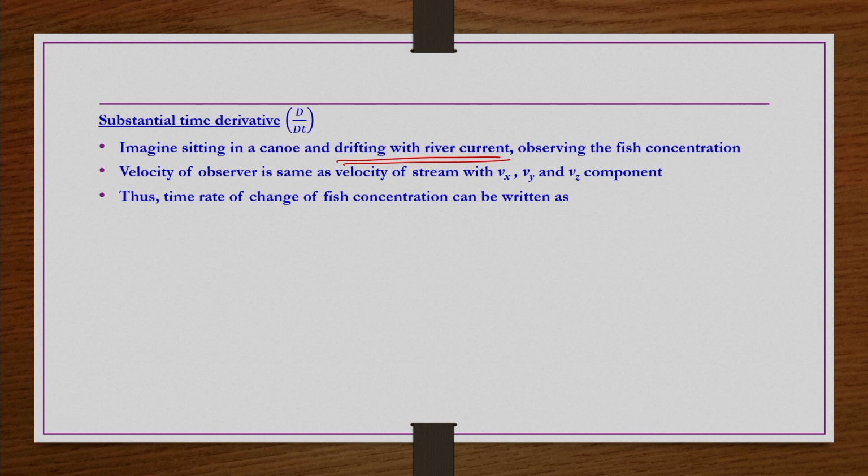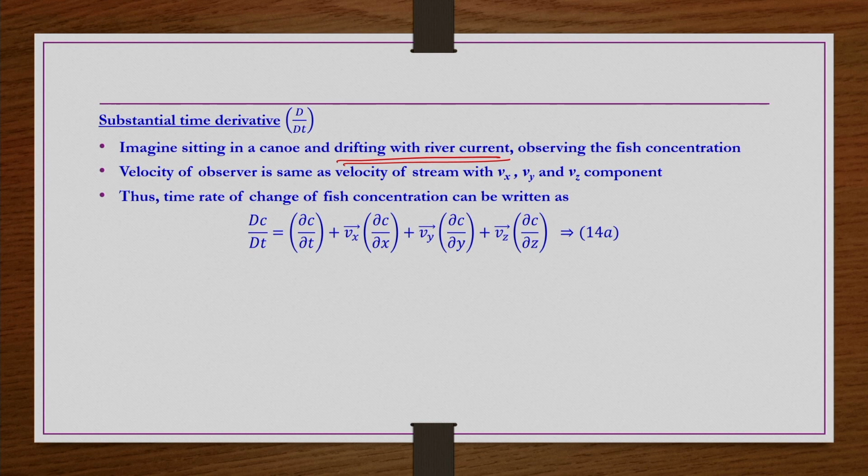Thus, the time rate of change of fish concentration can be written as capital DC by capital Dt equals ∂C/∂t, again a partial derivative coming into the picture, plus Vx ∂C/∂x plus Vy ∂C/∂y plus Vz ∂C/∂z, right. Now when you measure ∂C/∂x, obviously y, z and t are constant; for ∂C/∂y, z, x and t are constant; and for ∂C/∂z, you keep x, y and t constant.